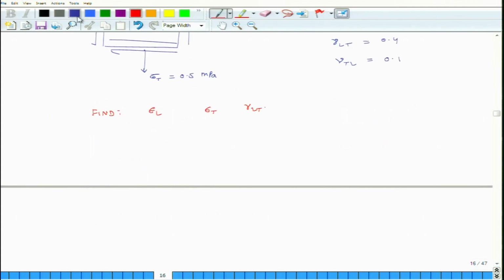So, we start doing this. Epsilon L equals sigma L over EL minus nu TL times sigma T over ET, and if I plug in the values, what I get is 200 into 10 to the power of minus 6, and the units of strain are dimensionless, so it is just that number.